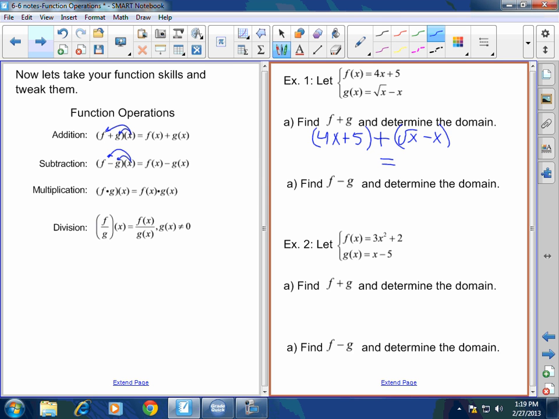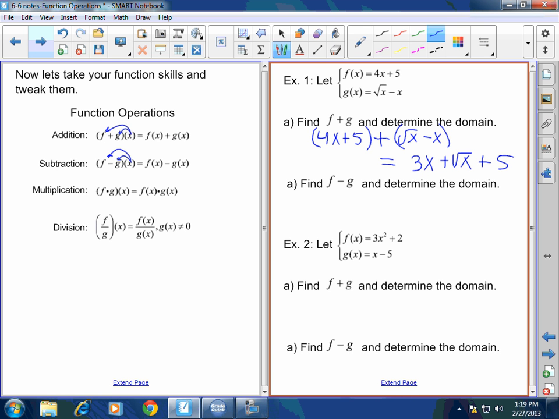Combine like terms and you're done. This would be 3x plus 5 plus square root of x. Done. And actually, standard form should go highest to lowest, so let's rewrite that the correct way: 3x plus square root of x plus 5. Done.